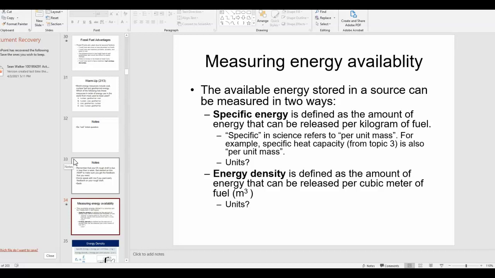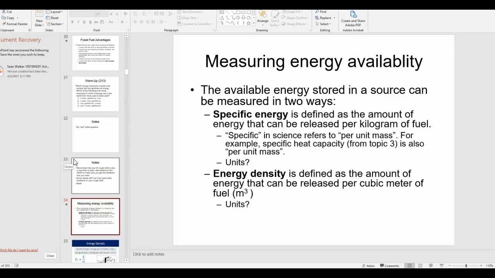So for example, let's say the specific energy of coal is 45 megajoules per kilogram. That means if I take a piece of coal and burn it, and the mass of the coal is 1 kilogram, I get 45,000, or 45 million, joules of energy.